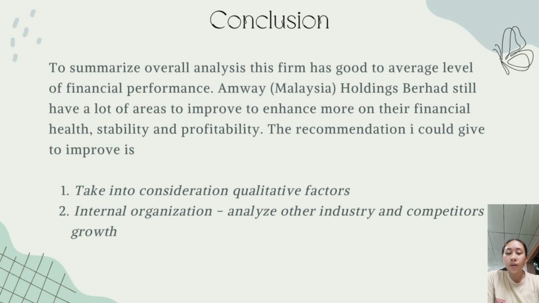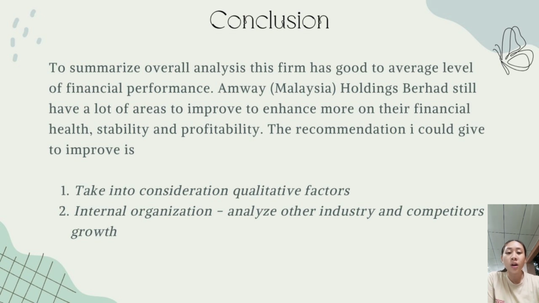To summarize the overall analysis, this firm actually has a good to average level of financial performance. Amway Malaysia Holding Berhad still has a lot of areas to improve in order to enhance its financial health, stability, and profitability.